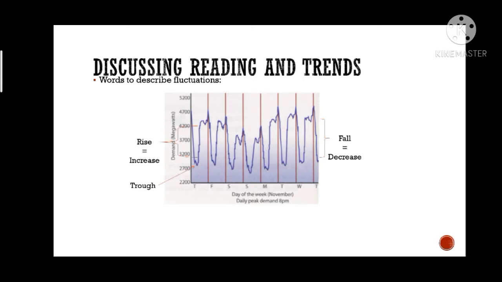We call it trough. يبقى أقل قراءة بنسميها trough. Okay, how about the opposite? The opposite is the peak. We call it the peak, the highest point of an activity. So trough is a point of low activity and peak is the highest point of an activity.